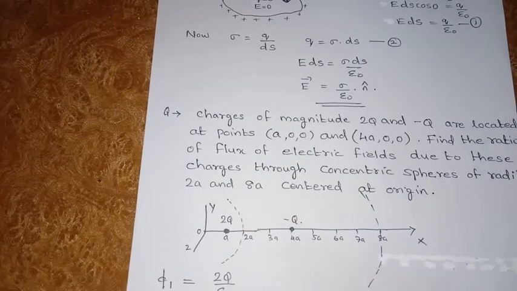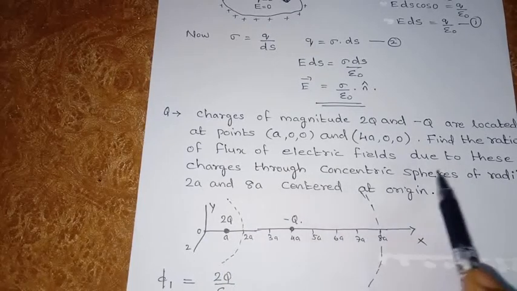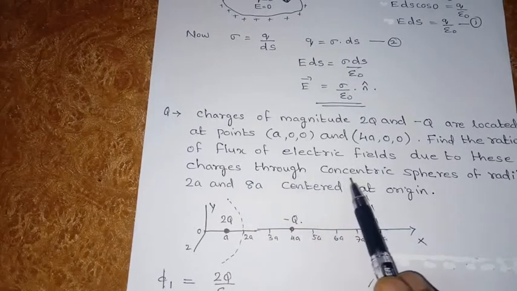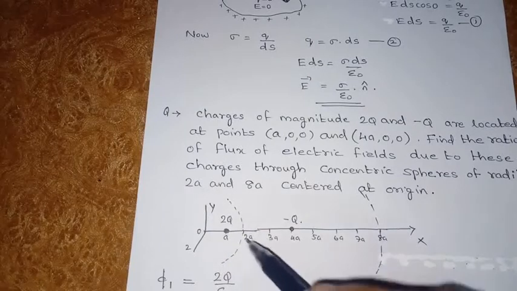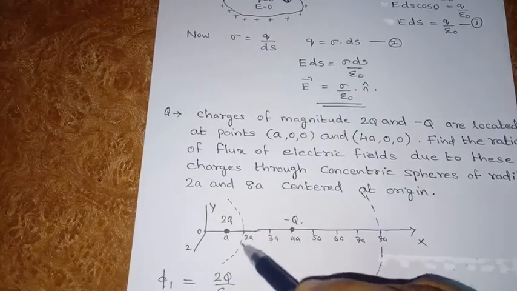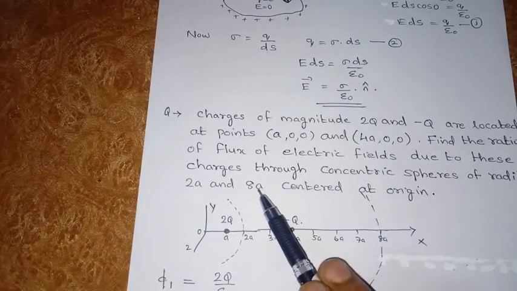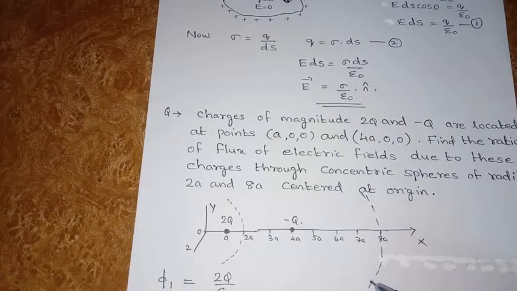And we are asked to find the flux through two concentric spheres centered at the origin, of radii 2a and 8a. So this is the first sphere, and the second sphere has a radius 8a. So this is the second sphere.